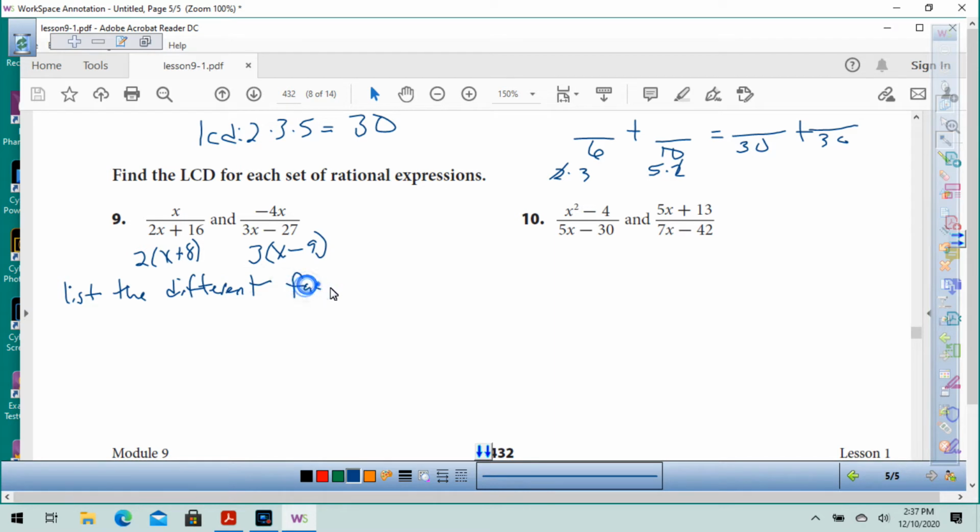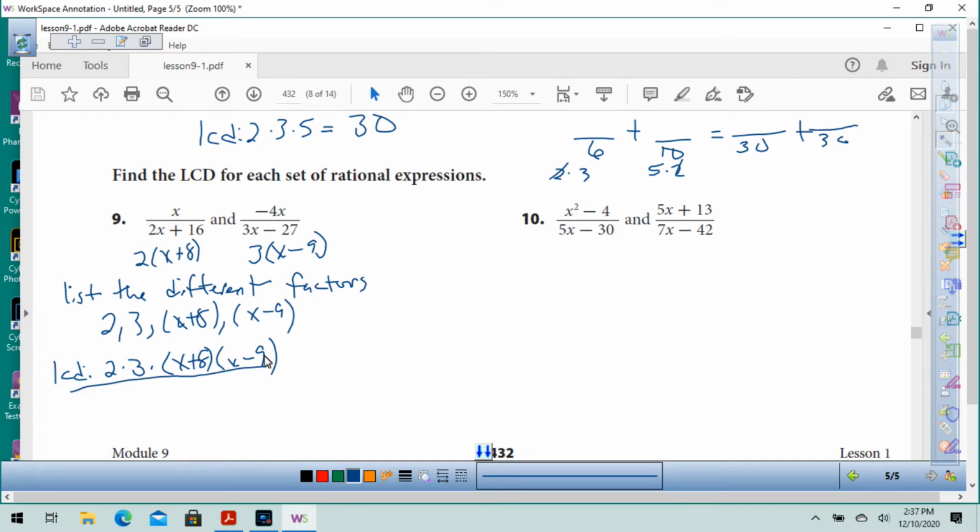And just to make it easy, we got 2, we got 3, we got x plus 8, and we got x minus 9. So those are the different factors. So the least common denominator is going to be 2 times 3 times x plus 8 times x minus 9. Cool beans? That's the least common denominator.